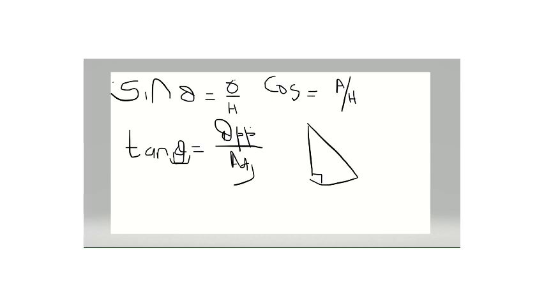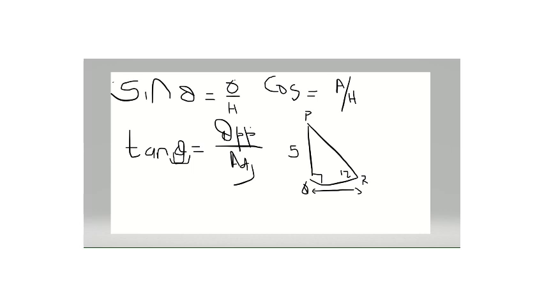Let's say you are given 12 here, and you are given 5 here. You are required to find this side. So our triangle is triangle PQR. You have to find QR.